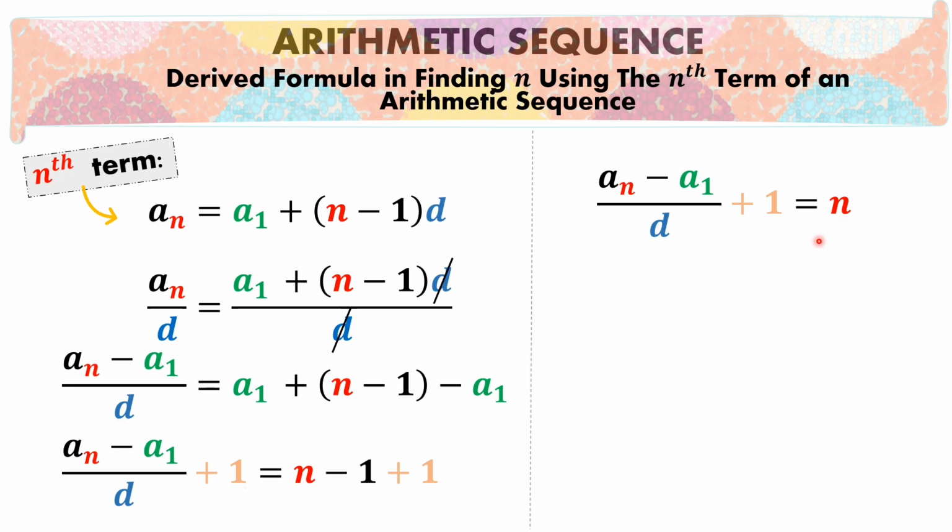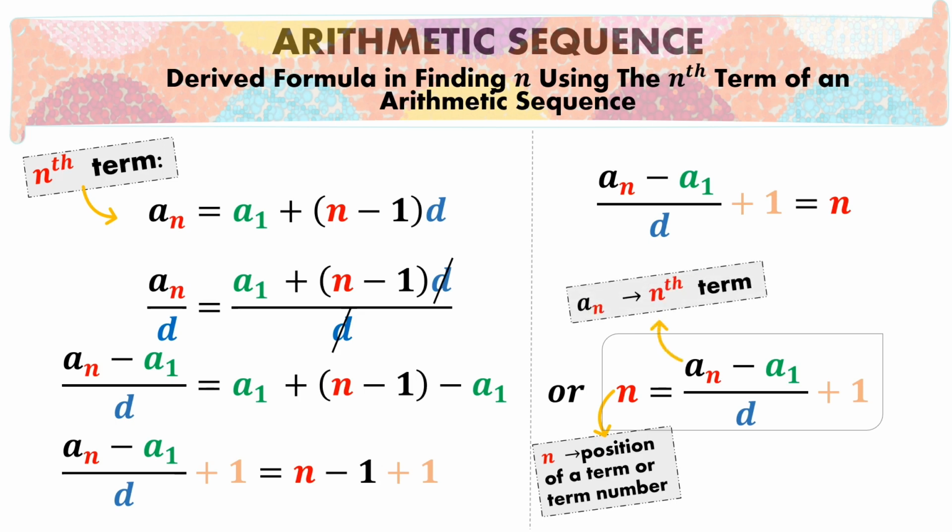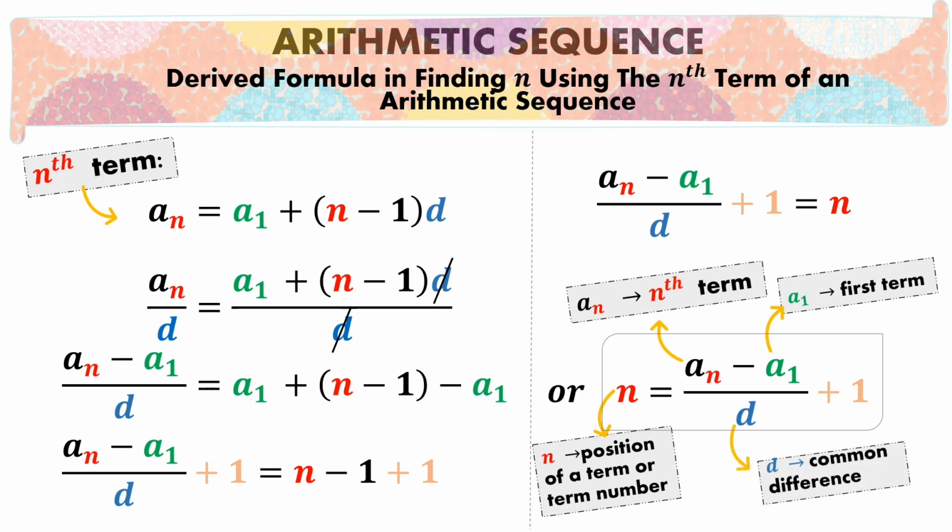By symmetric property of equality, we have n is equal to a sub n minus a sub 1 all over d plus 1, where n is the position of a term or term number, a sub n is the nth term or the last term in the given, a sub 1 is the first term, and d is the common difference.